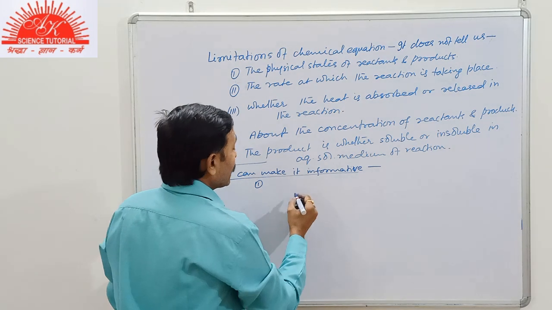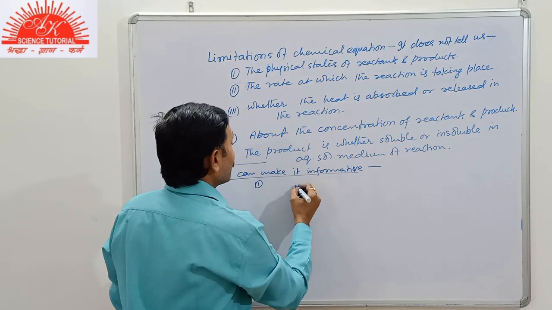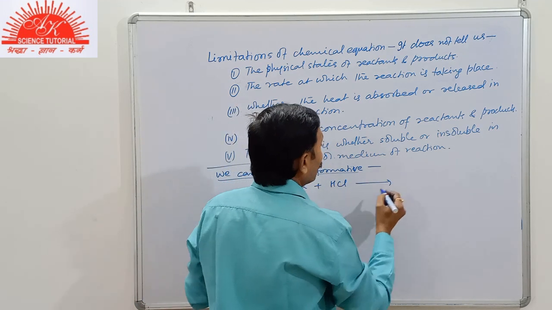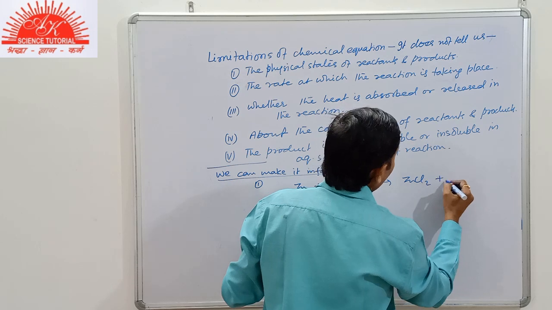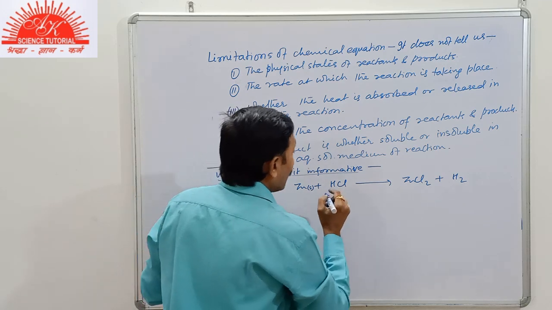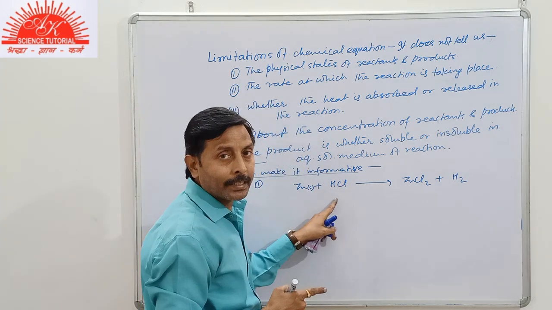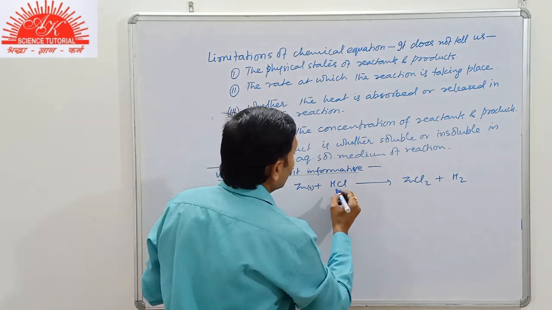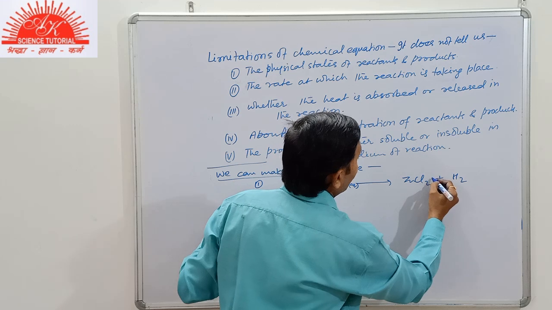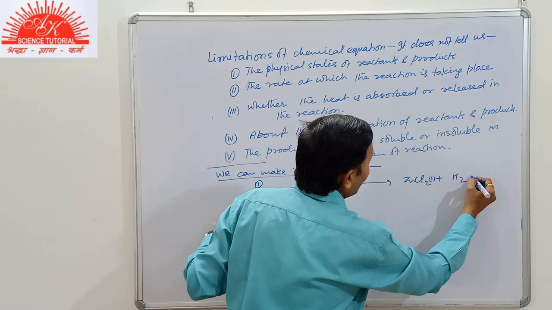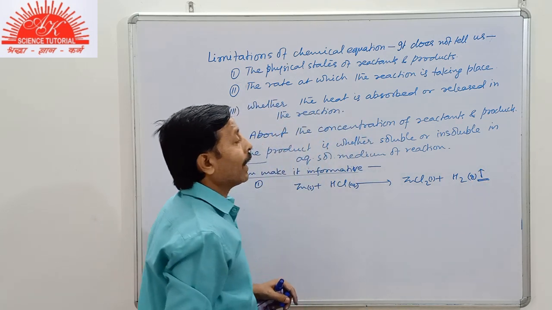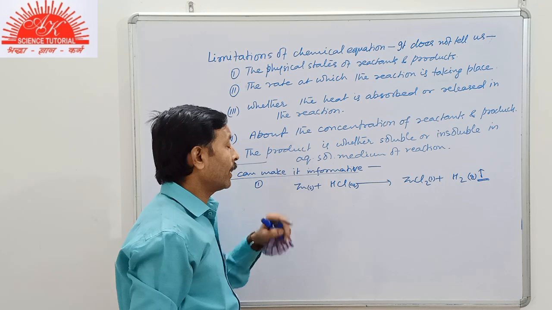Suppose in the first case we have zinc plus HCl, which gives ZnCl2 plus H2. Now we can write here solid. It is not liquid, but it is in aqueous solution, so we write here aqueous. This is again solid and this is gas. So we can write gas, or we can use this symbol to represent the gas also. So the first thing is mentioned.